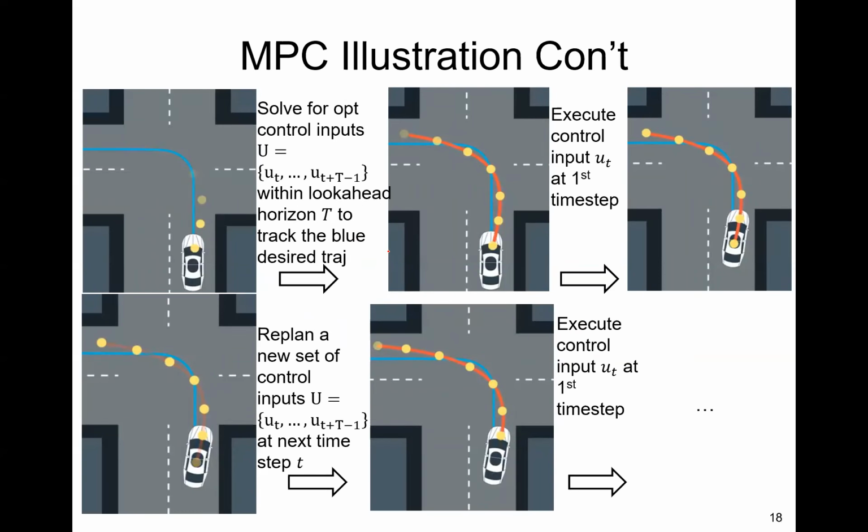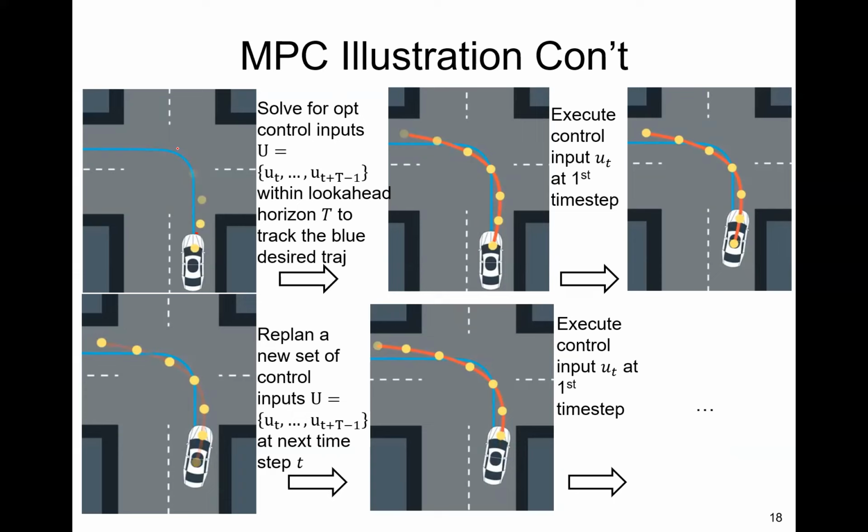So here's an illustration of MPC. Suppose this car, your ego vehicle, is stopped here, and your planner has given you a trajectory. This blue line is the desired trajectory, and the controller's job is to track it.